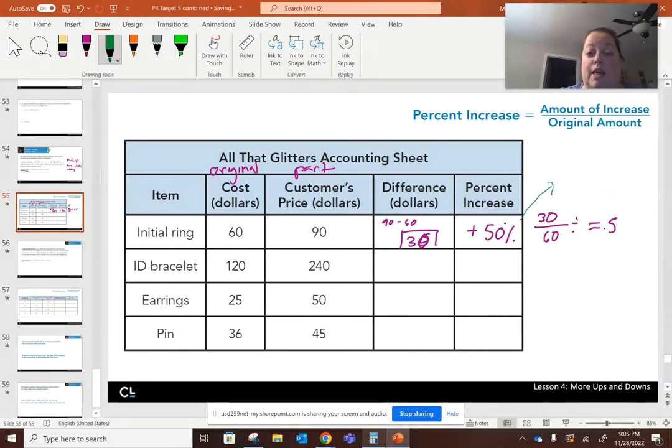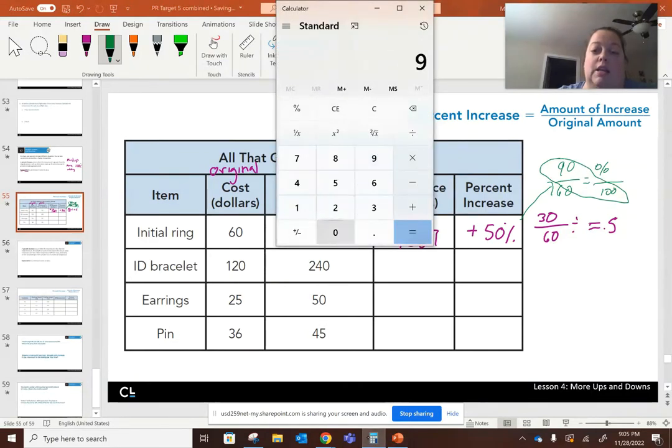We know that this is our part, this is our whole, over our percent that we're looking for, 100. We're not going to throw that away, we can just continue to do this. I'm going to multiply these two numbers, 90 times 100, and then divide by the number I have here, 60, and I get 150.